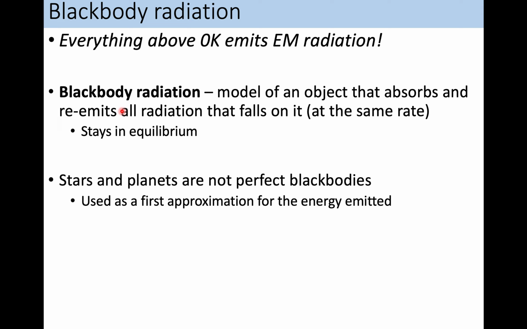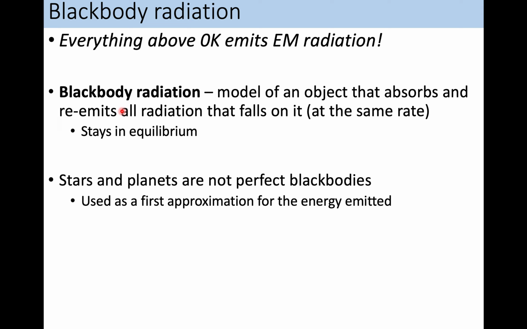Black body radiation is the model of an object that absorbs and re-emits all of the radiation that falls on it. So it's always in equilibrium, absorbing and re-emitting all the time.